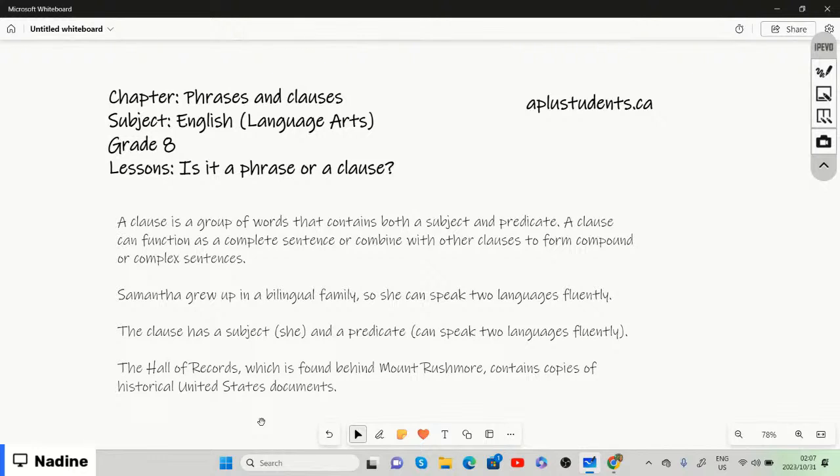And a clause can function as a complete sentence, or it could be combined with other clauses to form compound or complex sentences.